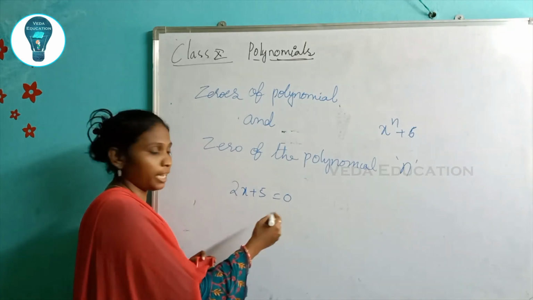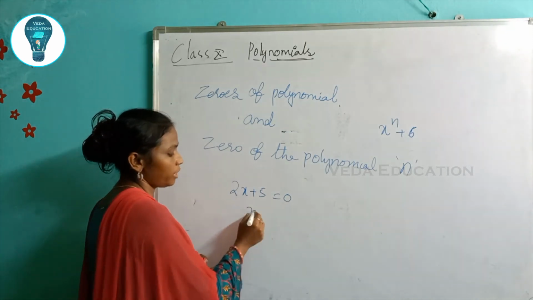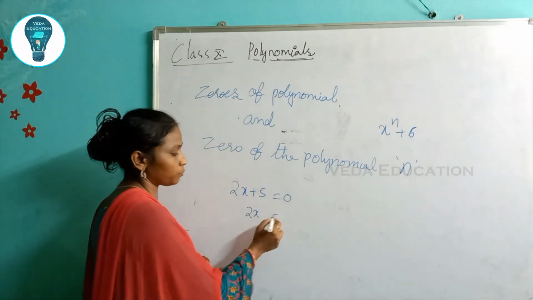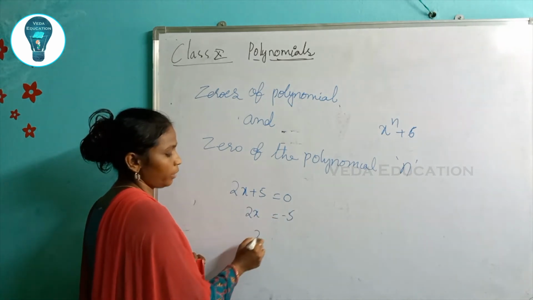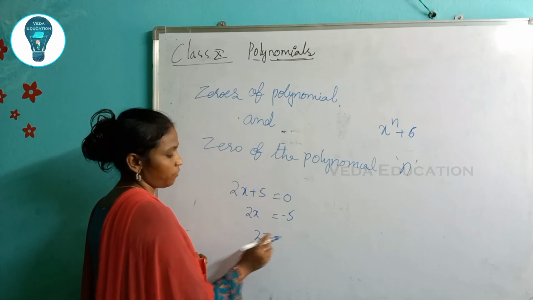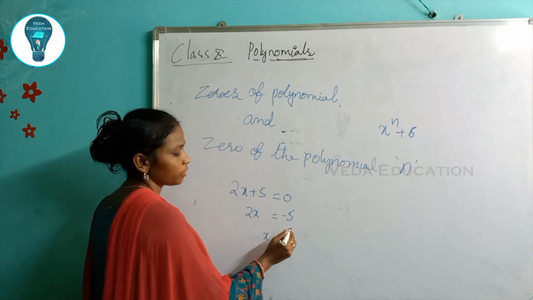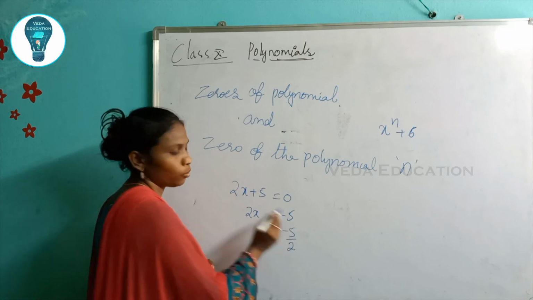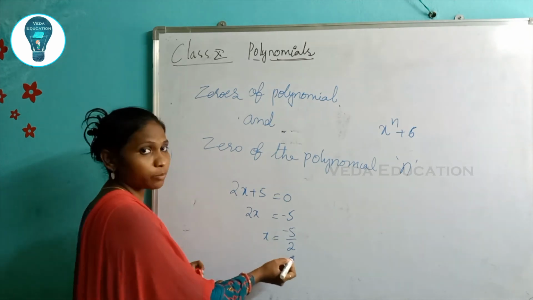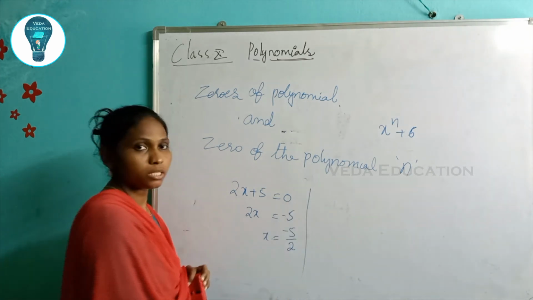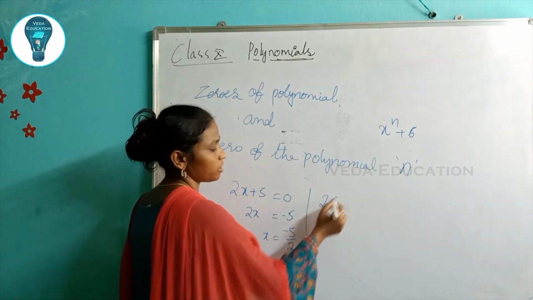Now we are considering the x variable. We are solving for the x value. Okay, 2x equal to minus 5. Now x equal to minus 5 by 2. When we substitute minus 5 by 2 in place of x, it becomes 0. Now check it once.